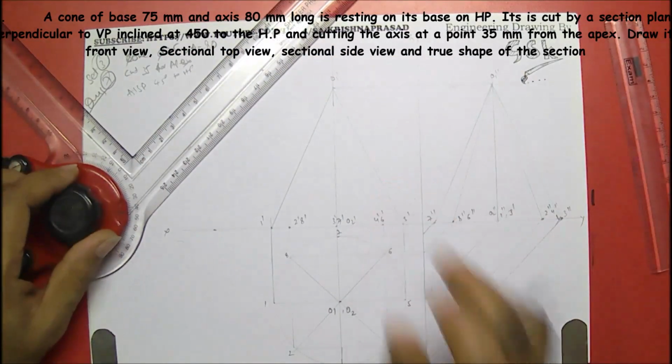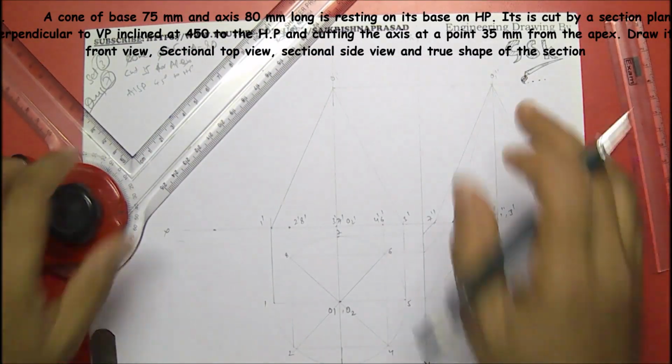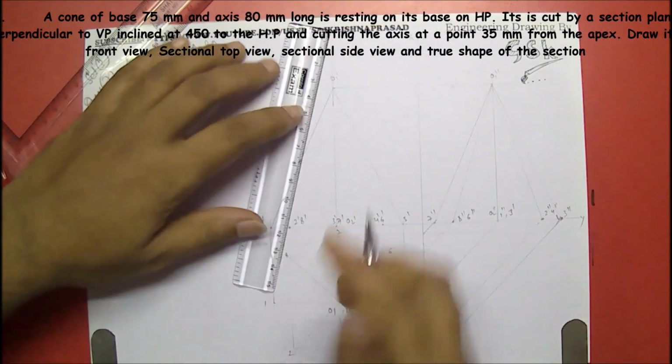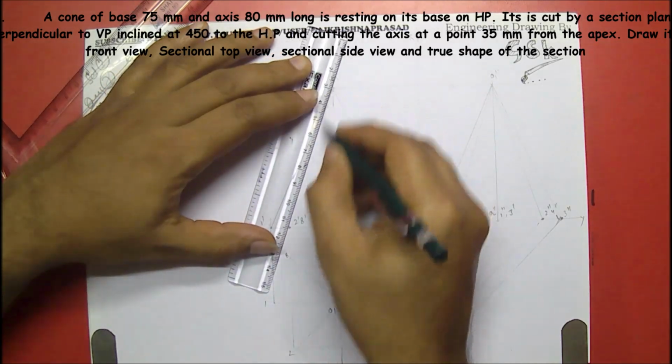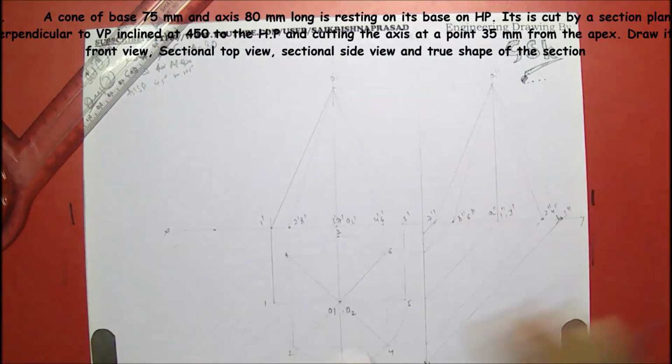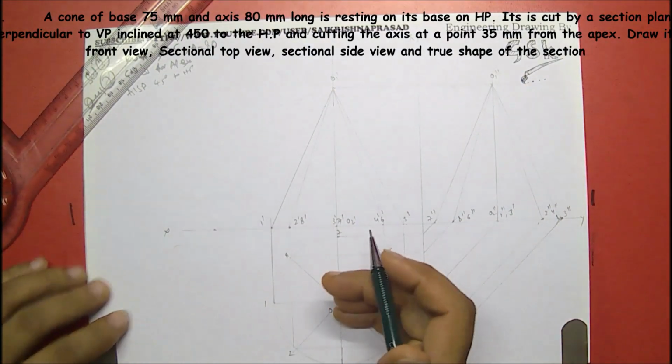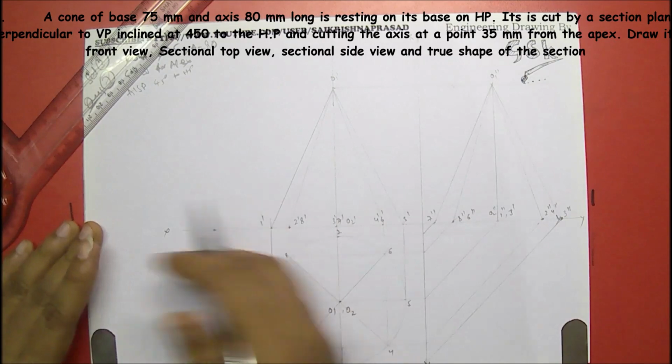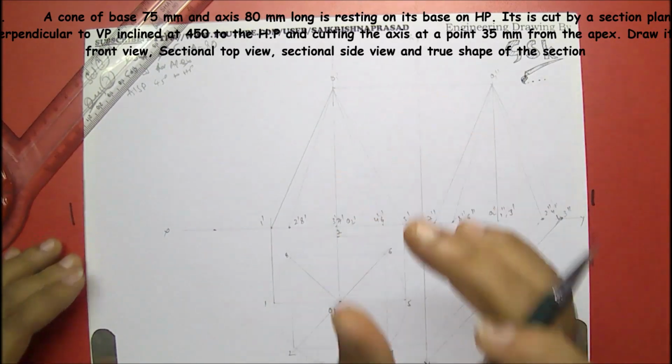Now coming to the section plane, don't draw these lines dark now itself. After finishing the section, then we'll go for darkening the remaining portion of the cone.